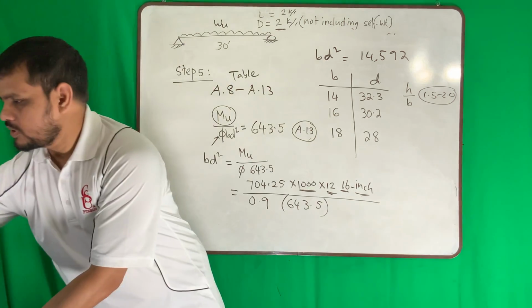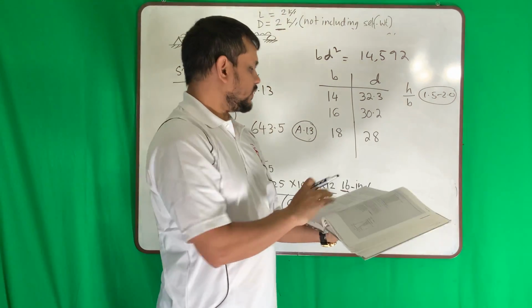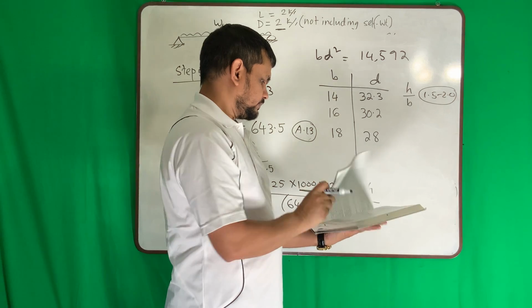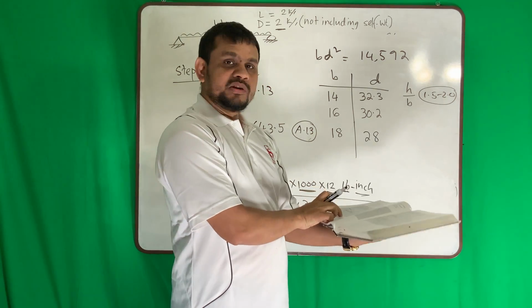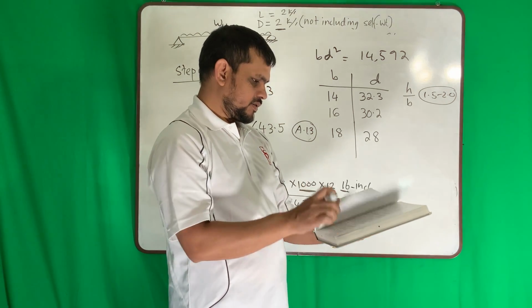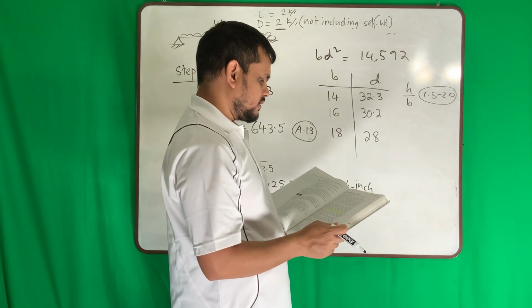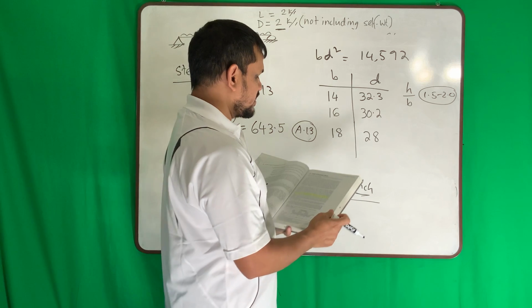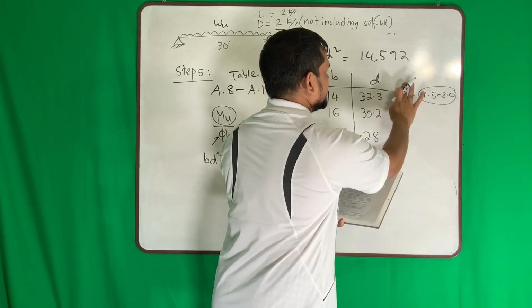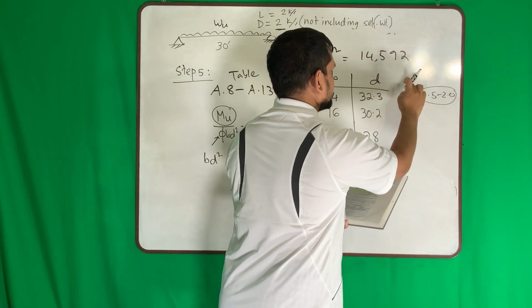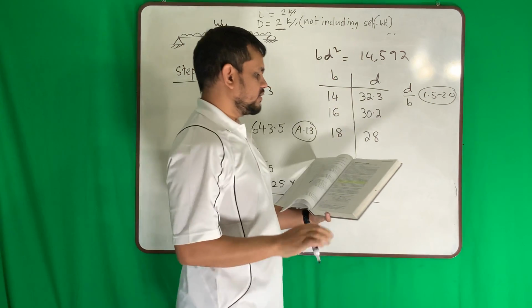Let me go to the book again. Yes, you need to go to the book very often. Actually this is not the H to B ratio, this is the D to B ratio.